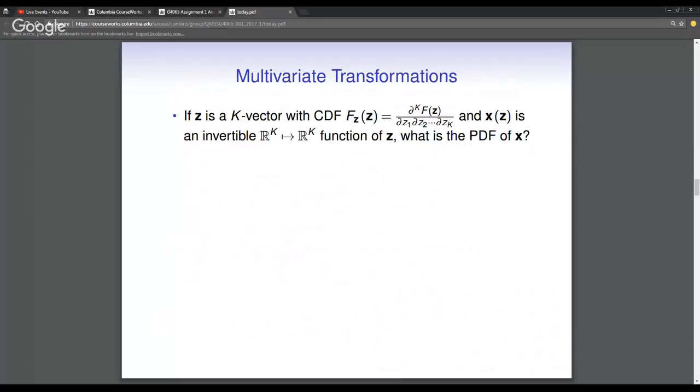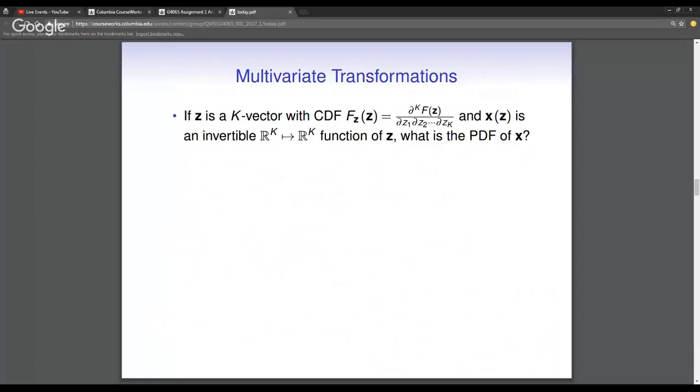Now we talk about multivariate transformations. So if z is some vector of k random variables that are continuous, and z has a CDF, capital F, which, as I said before, can be written as the total derivative of the CDF, differentiating with respect to all those z's.